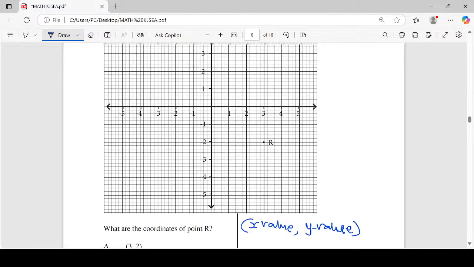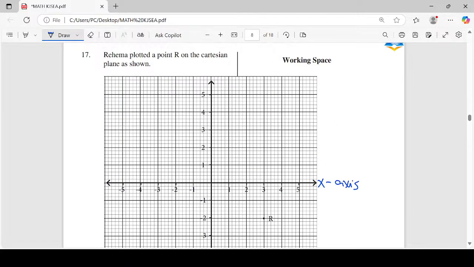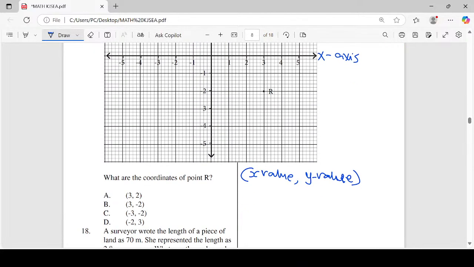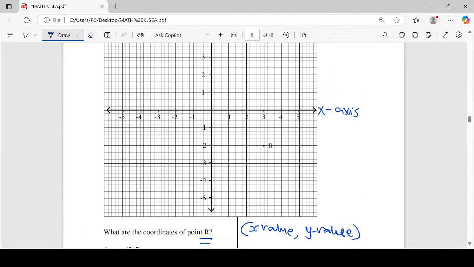Looking at your axis, this one here is your x-axis, and this one here is your y-axis. When they want the coordinates of a point R, I look at my point R. I will read its x value from where it is to the corresponding x value.